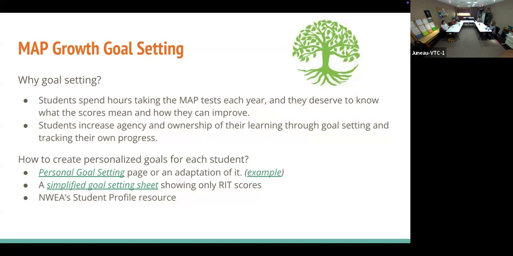This is for a pretend student, a 5th grader, named I'm a Genius. And their strength was geometry, a 244 RIT, and things they could work on were measurement and algebra.